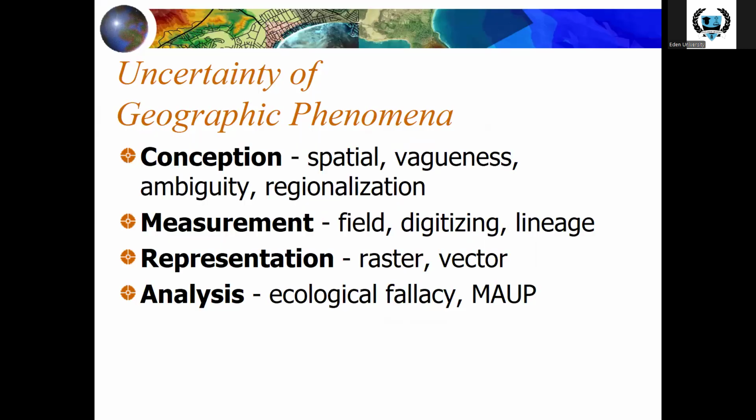So uncertainty of the geographical phenomena. Conception of what are the spatial vagueness, ambiguity. Then there is measurement, meaning field digitizing, lineage. Representation, raster, vector, and in analysis, ecological balance.